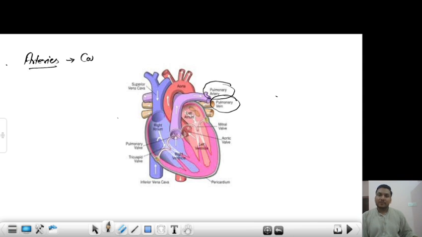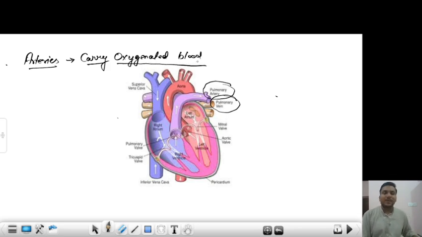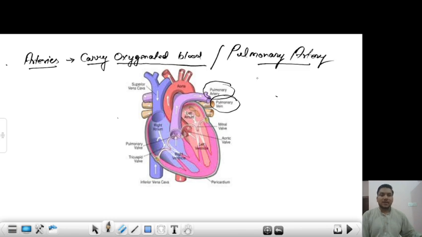The basic function of all the arteries is to carry oxygenated blood in our body. But we have an exception, that is pulmonary artery, which carries deoxygenated blood.